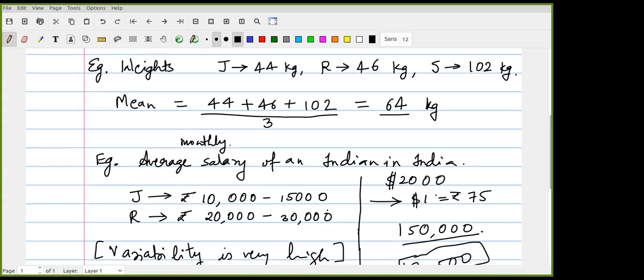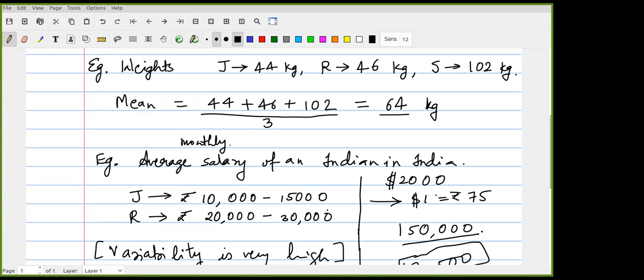Yes or no? Yes, sir. Now if I take a very different example again, like Ambani and someone who makes just 1000 rupees per month, like stones: you may take the smallest possible stone in your hand, and then there can be some very big stone, right? So again the variability will be very high.